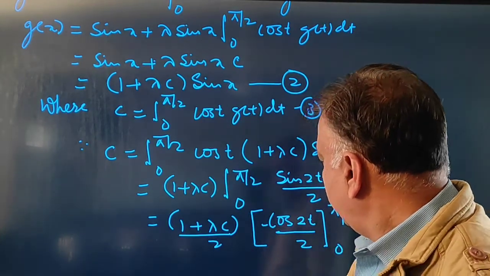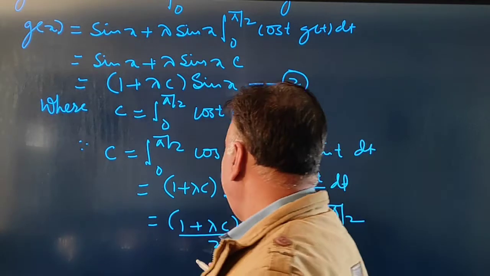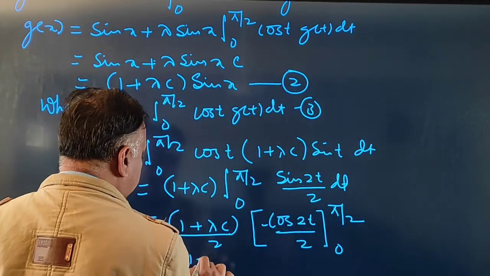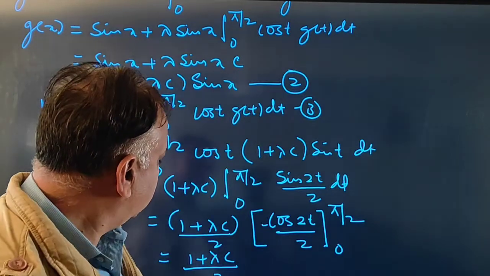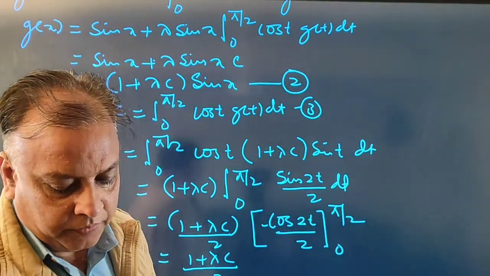By integrating this, if we put the value of t, we get this value as (1 plus lambda c) upon 2.